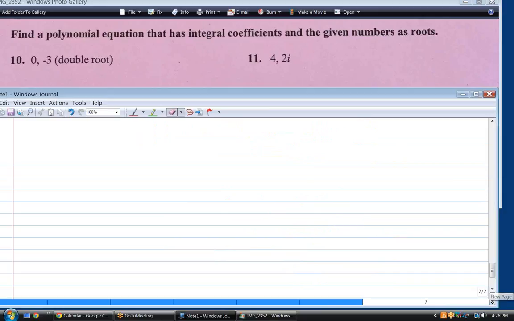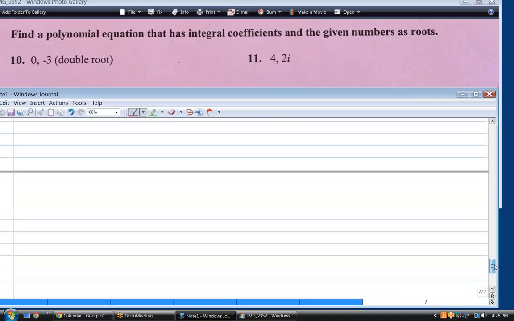Okay. So what are my linear factors for number 10? 0 and -3 twice. But what does that convert to in the way of linear factors? In other words, for me to come up with a polynomial, I need to know its linear factors.